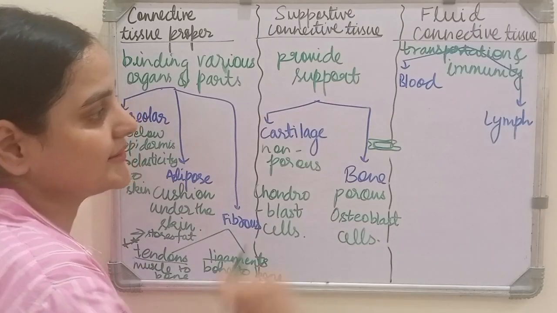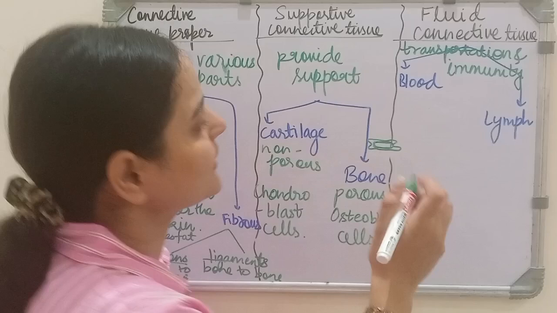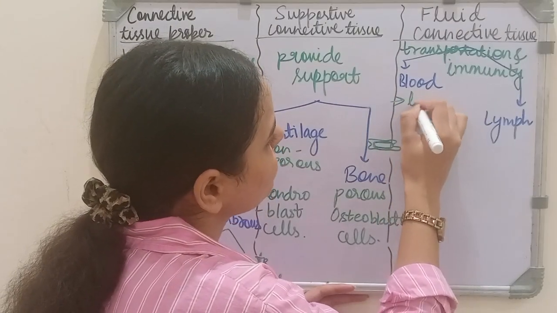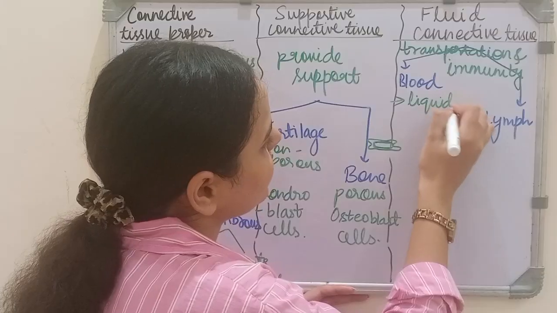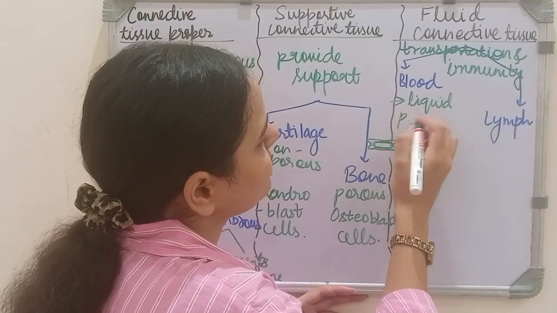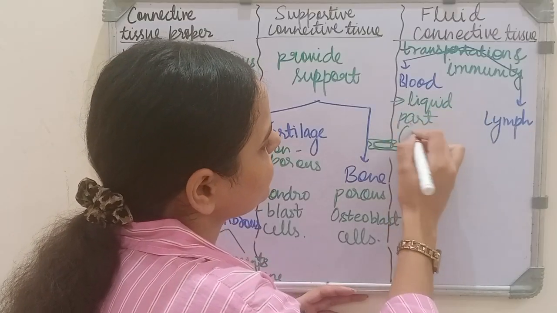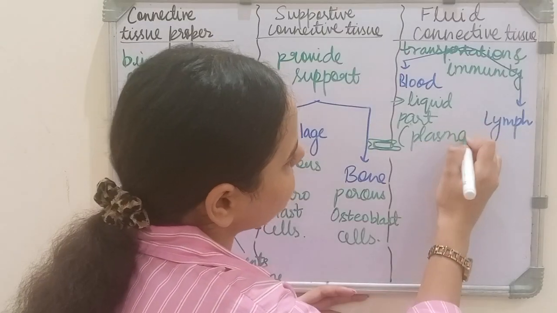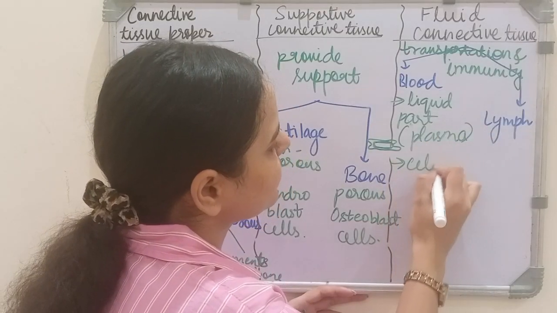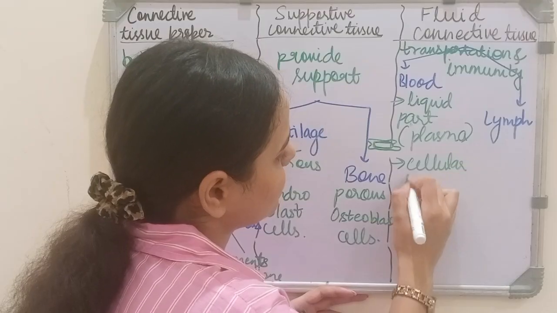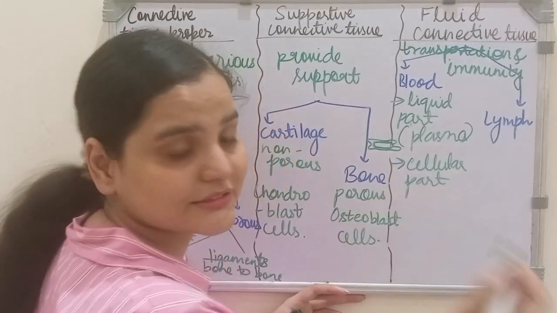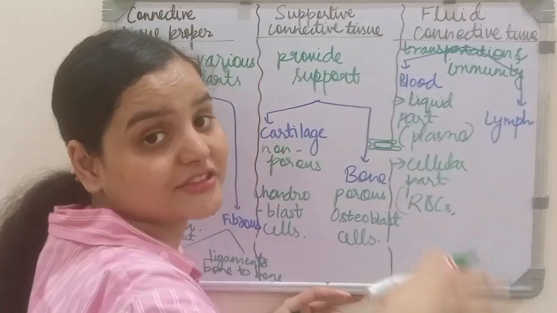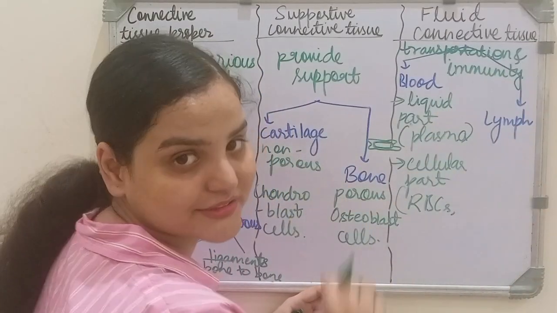Now, let's see about blood and lymph. In blood, the fluid or liquid part is called plasma. Whereas the cellular part consists of red blood cells, which transport oxygen and carbon dioxide through blood.